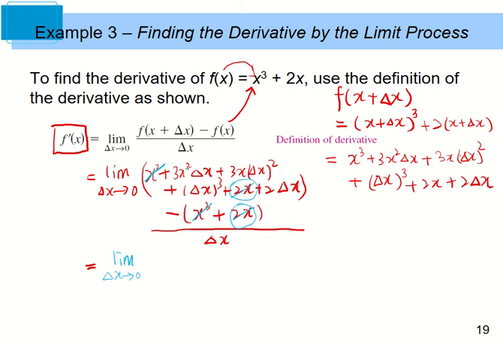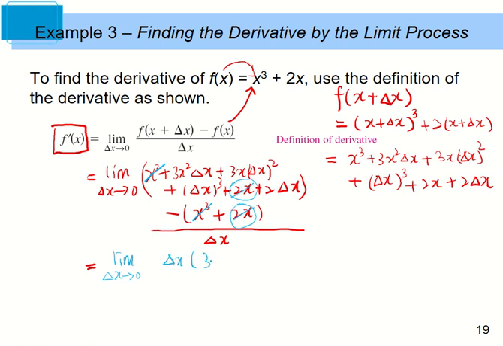Okay, we have 3x squared delta x, 3x (delta x) squared, (delta x) to the power 3, and 2 delta x. Now, as we can see here, we can actually factorize out the delta x, right? So we can factorize out the delta x.